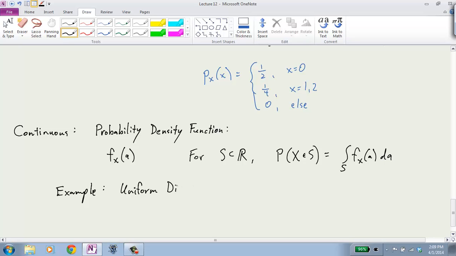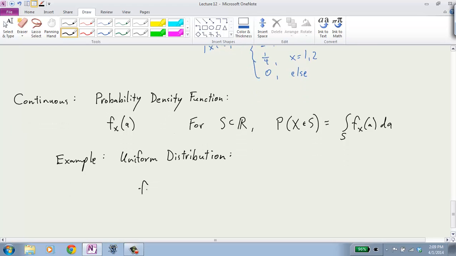You can talk about the uniform distribution in the discrete sense and the continuous sense, but since we're doing continuous right now, let's say that f sub x of a equals 1/2 for 0 less than or equal to a less than or equal to 2, and 0 else.